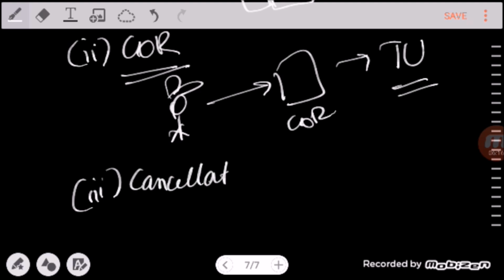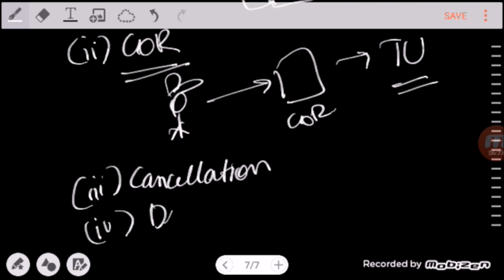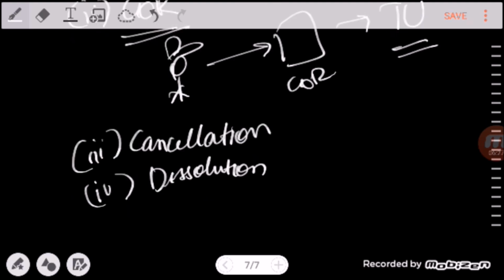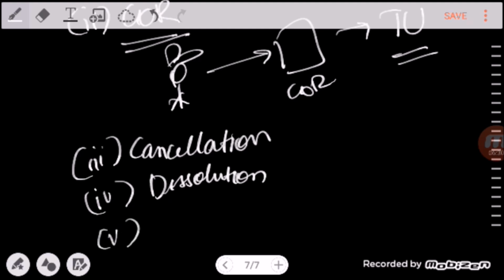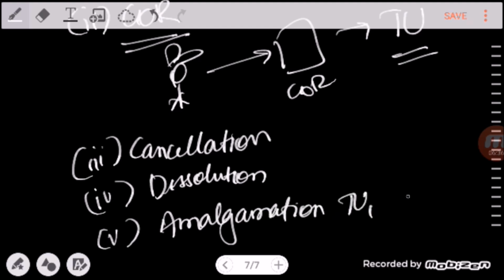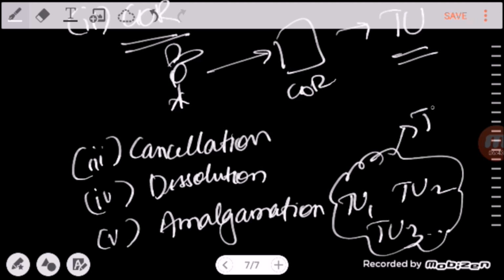Cancellation of registration. Fourth power is dissolution of registration. Fifth power is amalgamation of trade unions. Amalgamation means trade union 1, trade union 2, trade union 3, several trade unions combine to form one big trade union. So this is called amalgamation of trade unions.